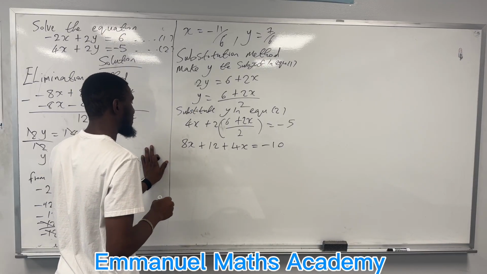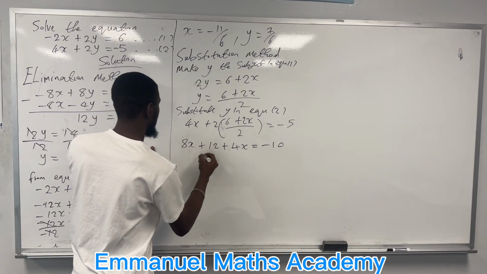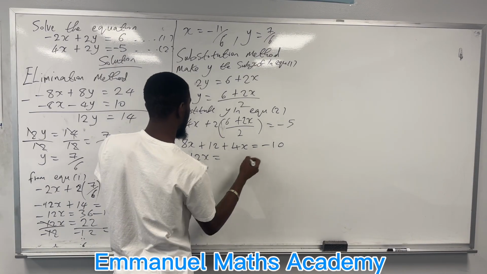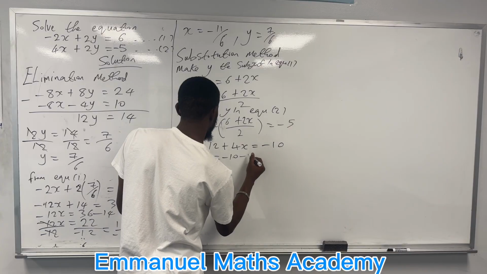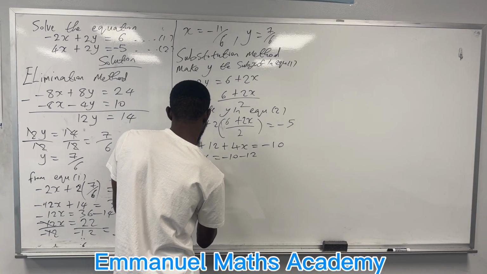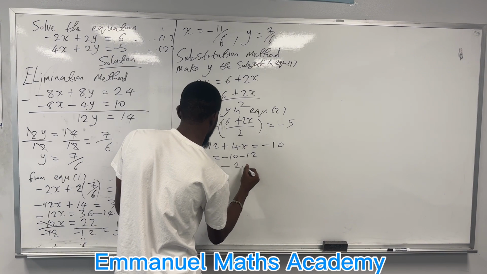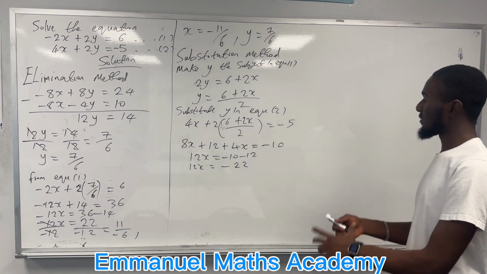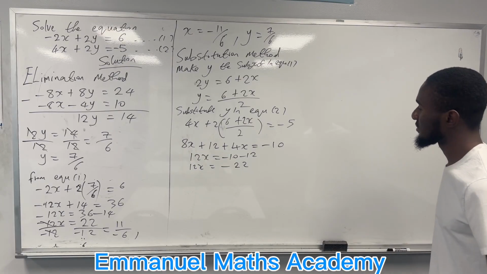This plus this will give you 12x equal to, this will come to this side, hence you have minus 10 minus 12, which will give you 12x equal to minus 22.